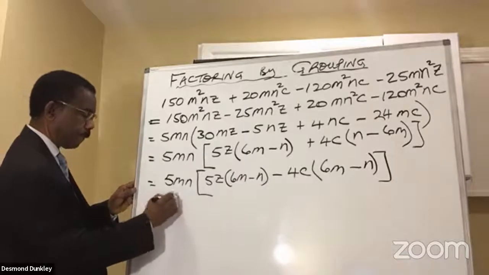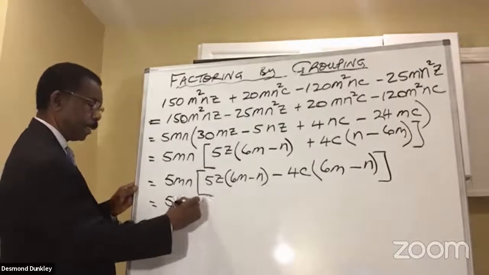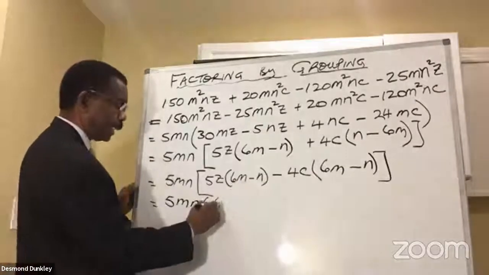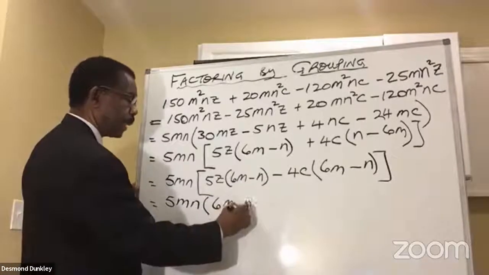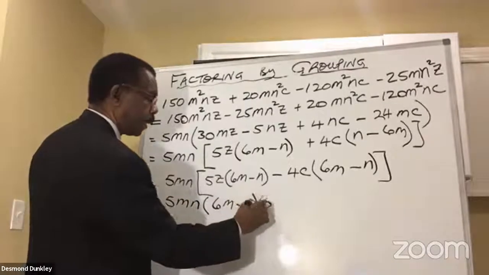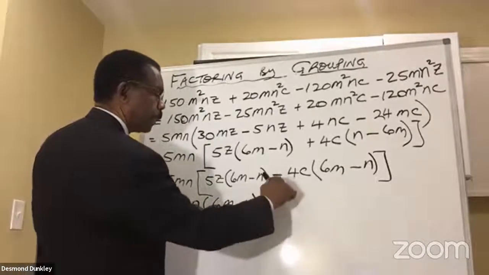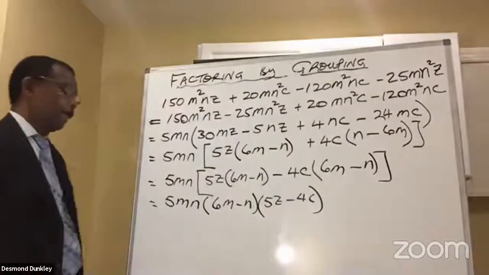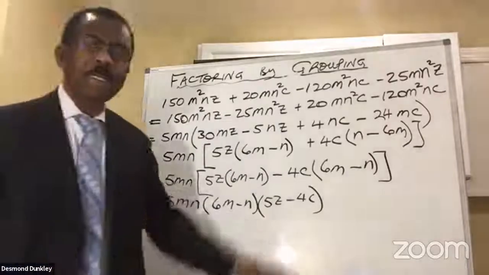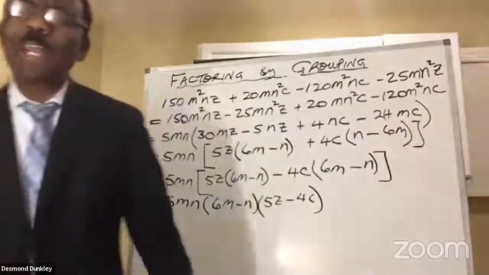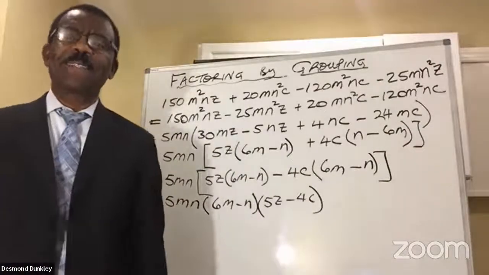So it's 5mn times, these two are common, so we can now write 6m minus n, and these are going to be in the other set of parentheses, minus 4c. So this is the factorization of this long and ugly expression.